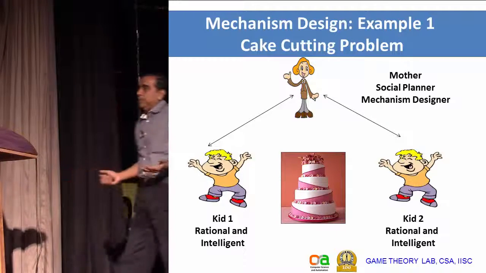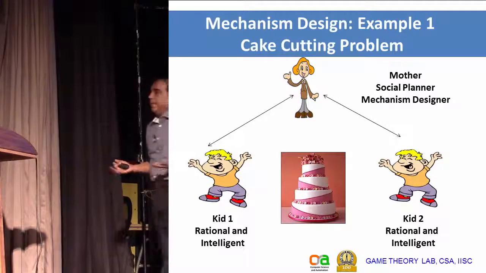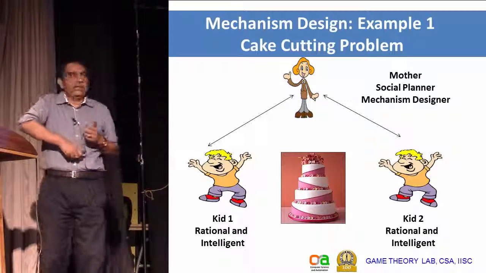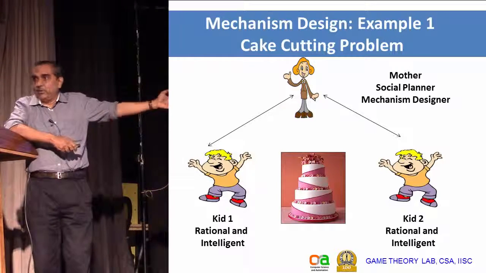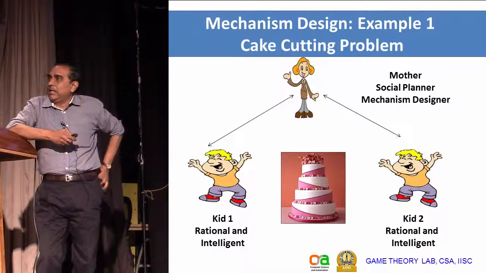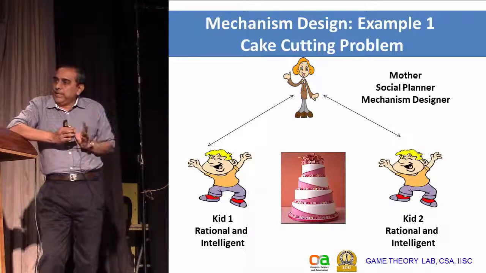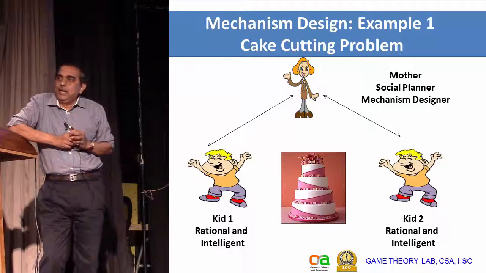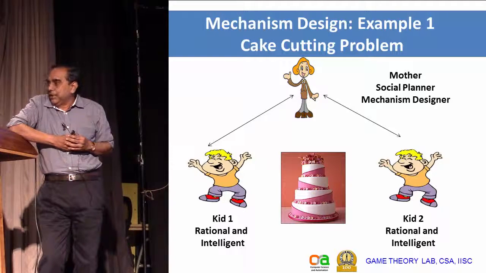What is to be shared by these two kids is a cake. I do not know if it looks like a cake, I think it looks like a cake. But the idea here is to ensure that this cake is equally shared between these two kids.